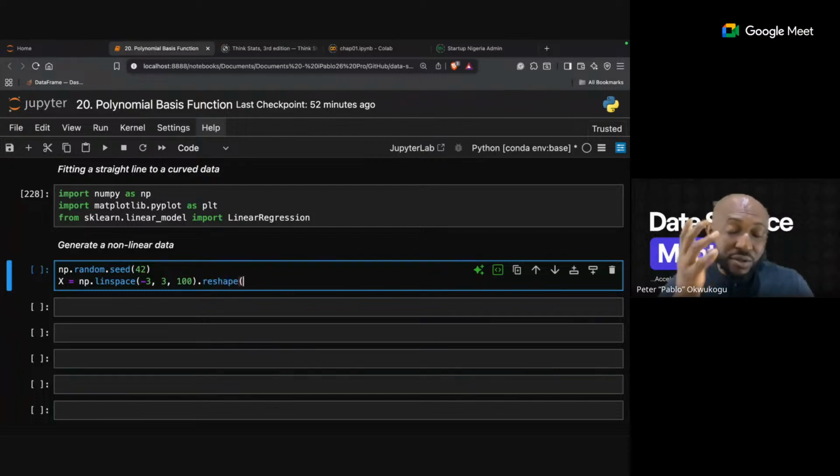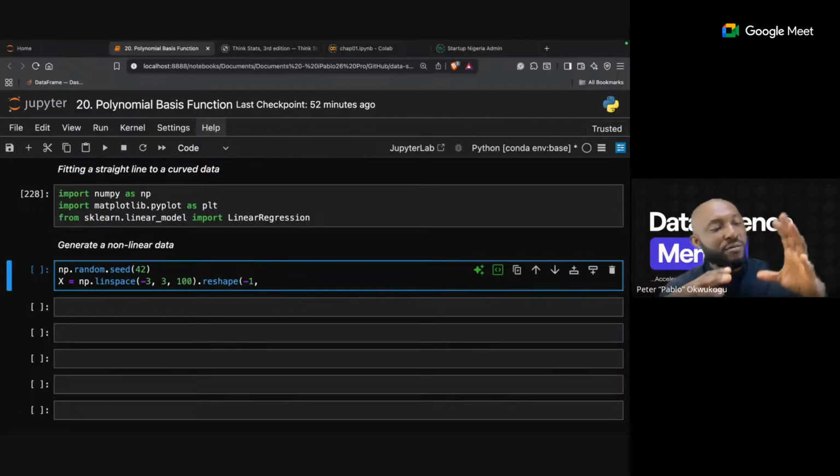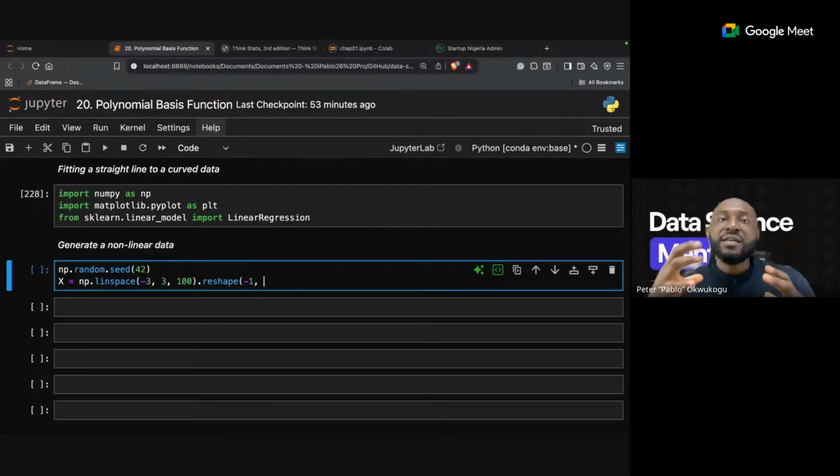Now the reshape method is from NumPy, and I would encourage you to take NumPy seriously, because by the time you've ventured into machine learning and then deep learning, you realize that tensors in deep learning are typically like the elder brother of the numerical Python family. And so learning numerical Python is a powerful foundation. By the way, numerical Python is like the foundation of data science itself. So it's super important that you understand that, right?